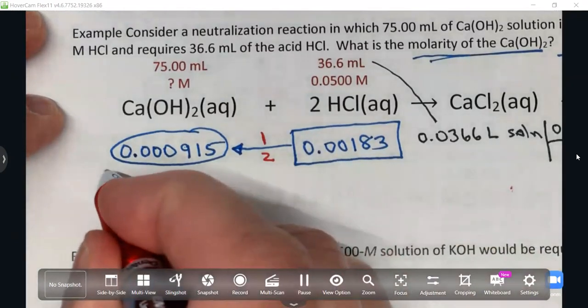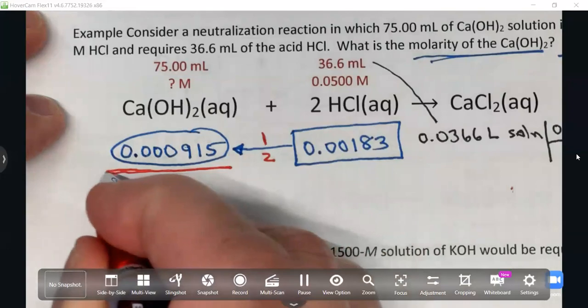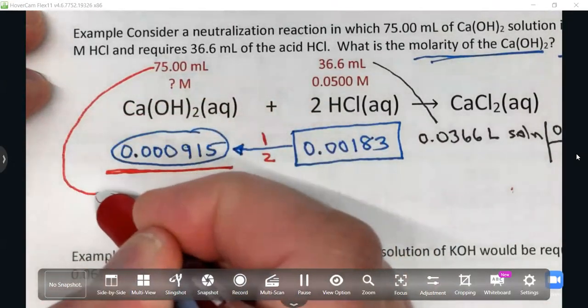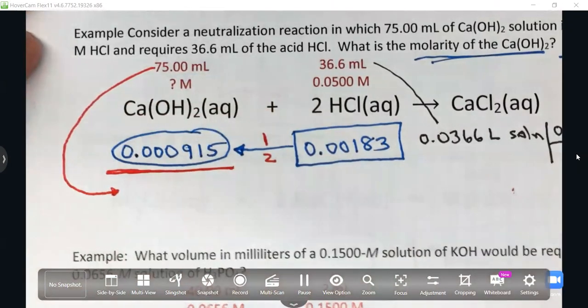So we already got moles, draw a line. This is how much solution it took.